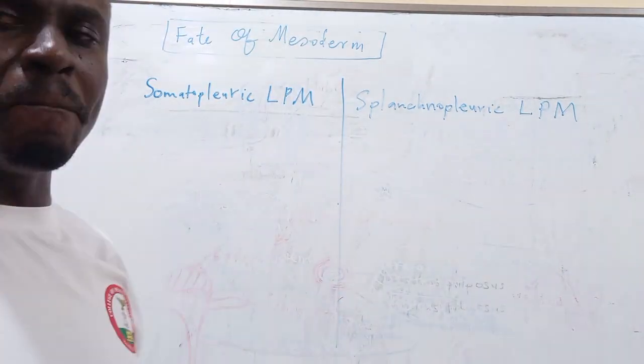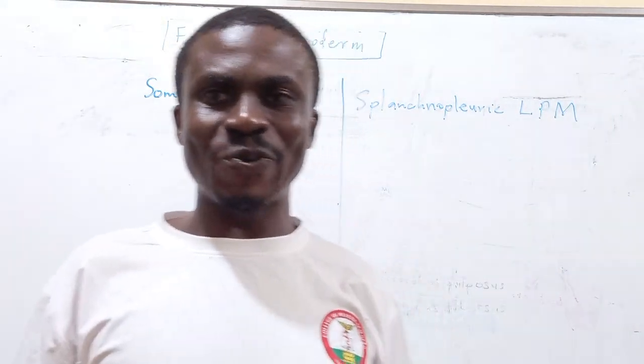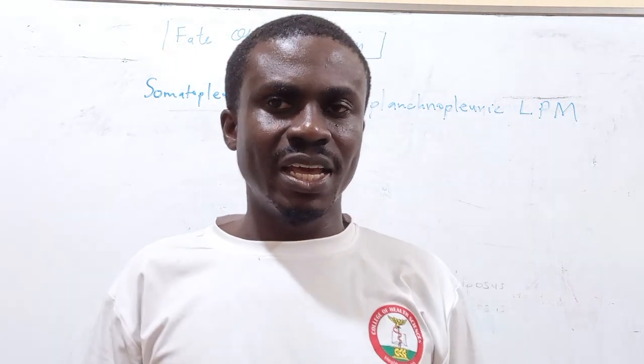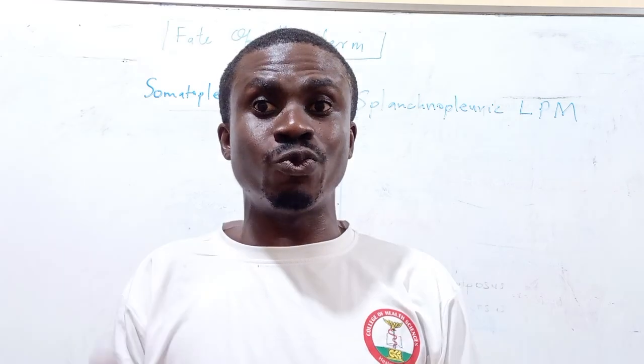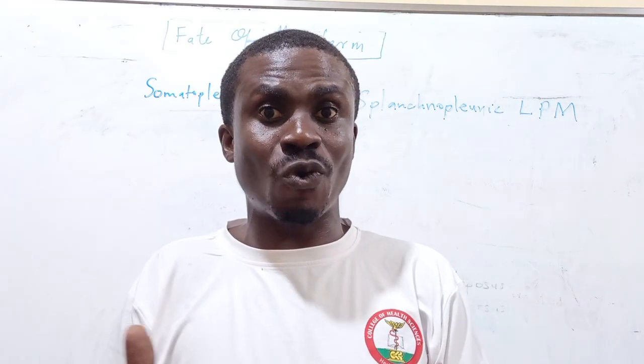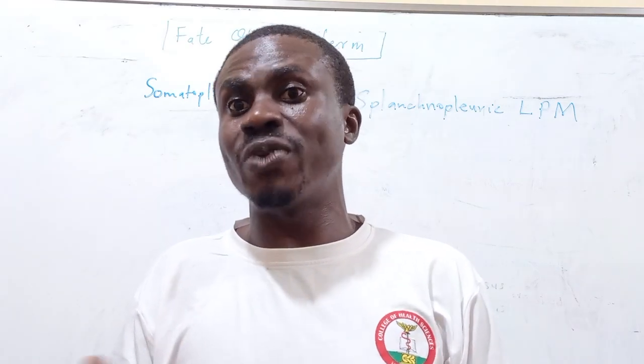Now, keeping in mind the derivatives of the somites, don't forget that I told you that the coelom in between them was giving rise to those structures which form the ventral body cavities.